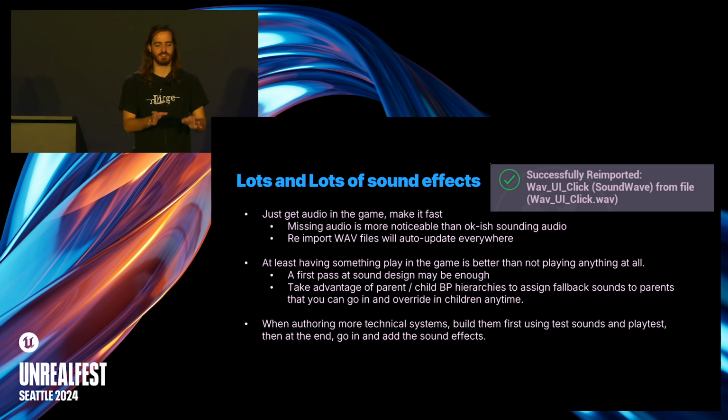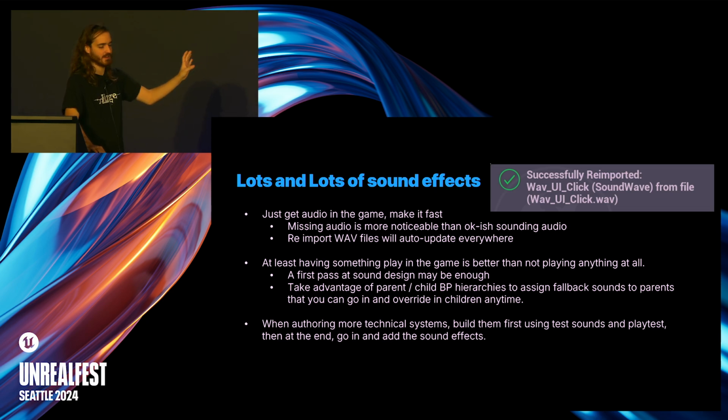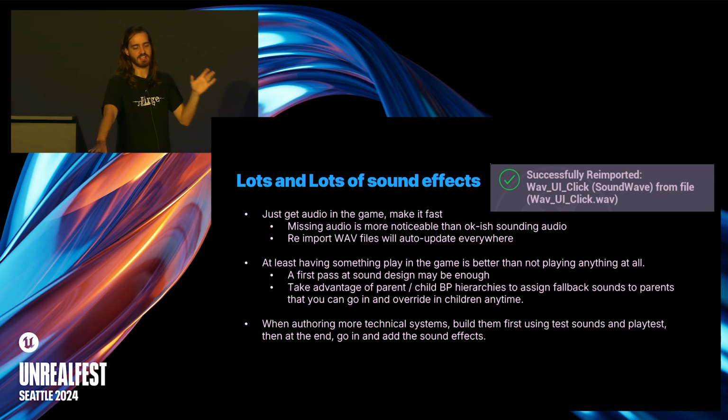So each little object did not have its own unique sound. These are little compromises to make, because that would take a lot of time and it would be even more assets in memory. The nice thing was that I could always override a specific sound for a specific child blueprint if I wanted to.